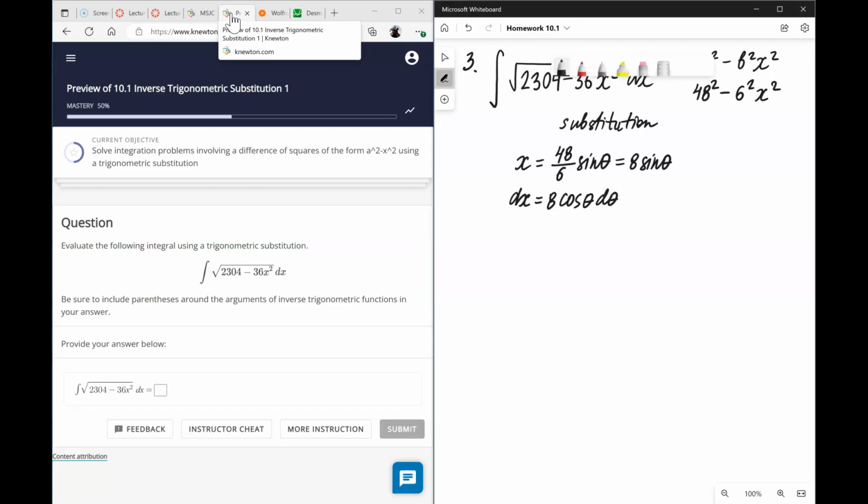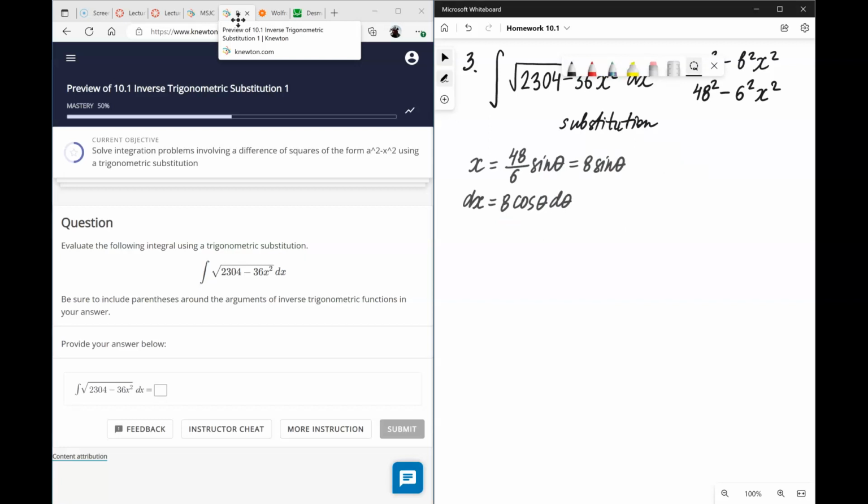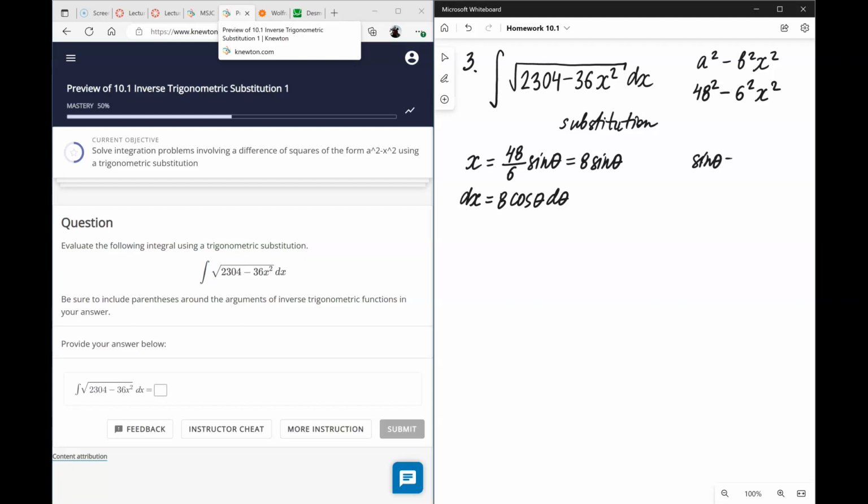This is an indefinite integral, so I'm going to be drawing the reference triangle there. So let me make some room. Here's the true fact: sine of theta will be equal to x over 8, which is opposite over hypotenuse. So my reference triangle will look like this: opposite, hypotenuse, adjacent.